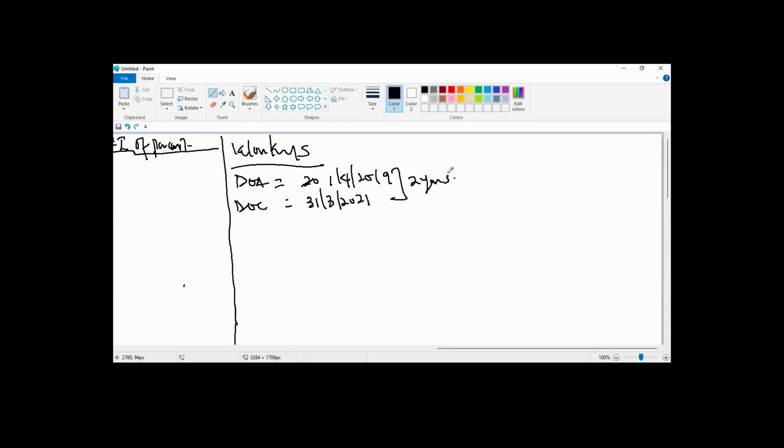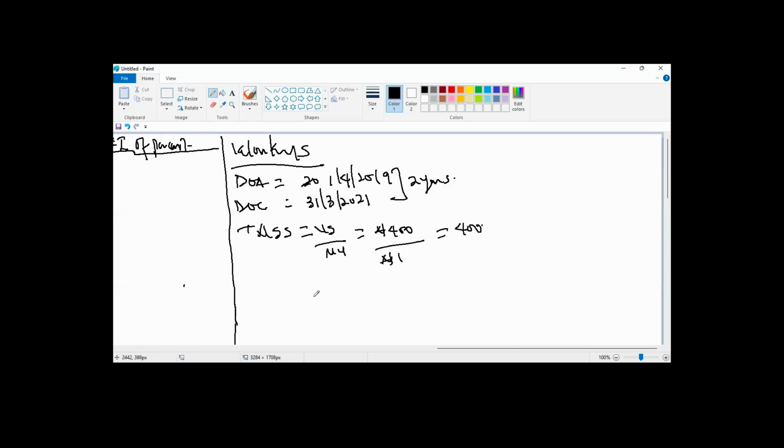He acquired 300 shares. Out of how many? Total number of shares in subsidiary equals value of shares over nominal value. What is the value of shares? 400, divided by the nominal value.